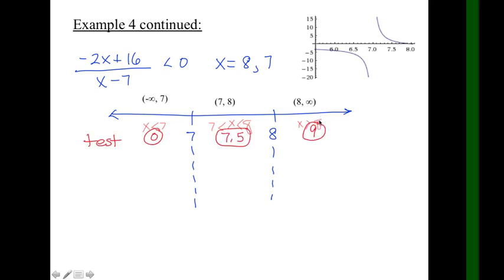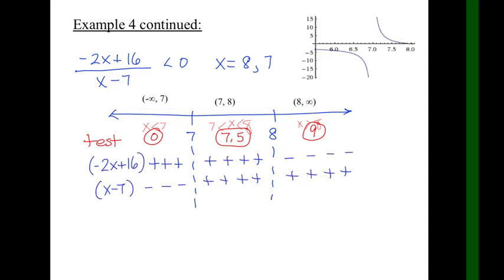So, nag-assume lang tayo ng numbers. So, we have 0, 7.5, and 9. And then, let's test them. Okay, so we have negative 2x plus 16. The answer is positive. 7.5, the answer is still positive. And then 9, the answer is negative. And then for this one, the answer is negative, positive, positive. Positive times negative is negative, positive times positive is positive, and negative times positive is negative.